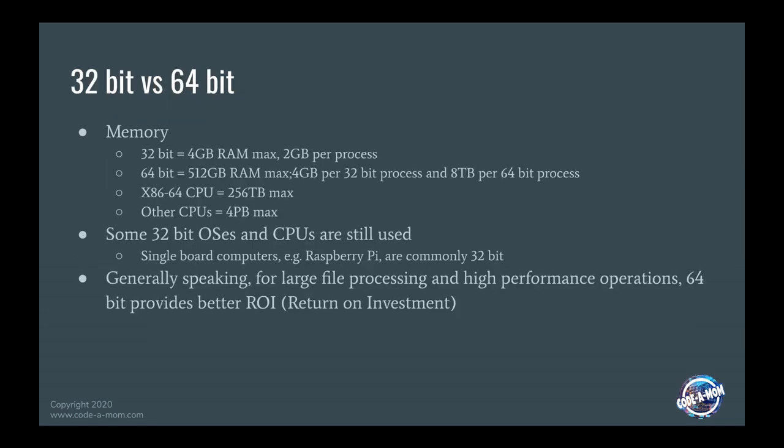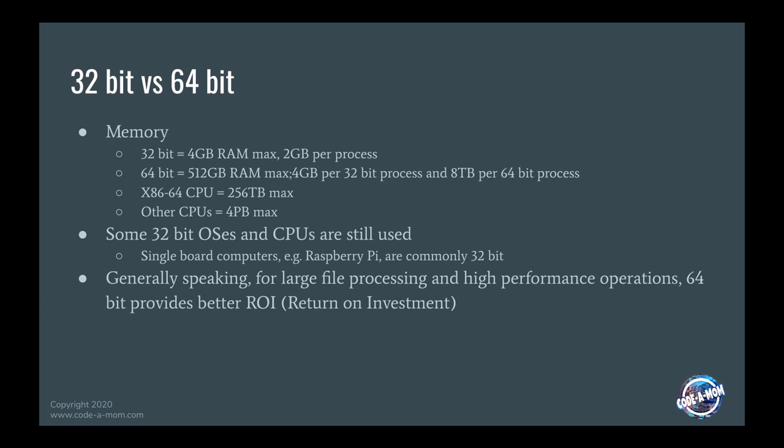The primary difference between 32-bit and 64-bit CPUs is how much memory is able to be accessed and how much data is able to be operated on at a given time. So 32-bit gives you a maximum of 4 gigs of RAM and 2 gigs per process.